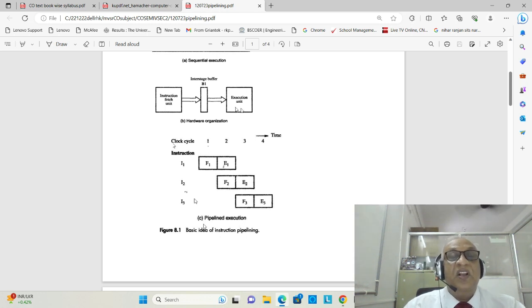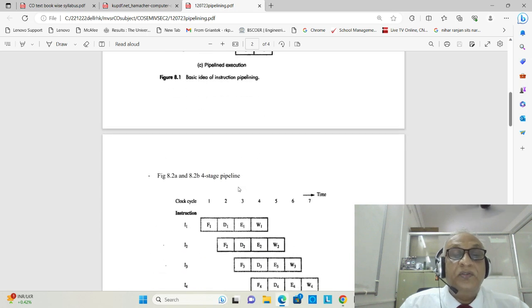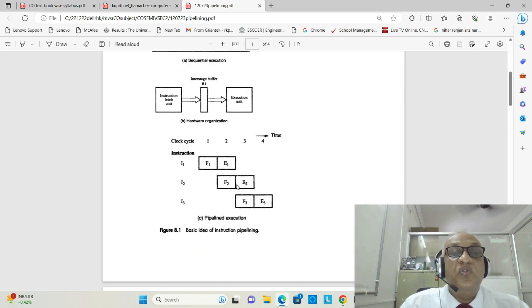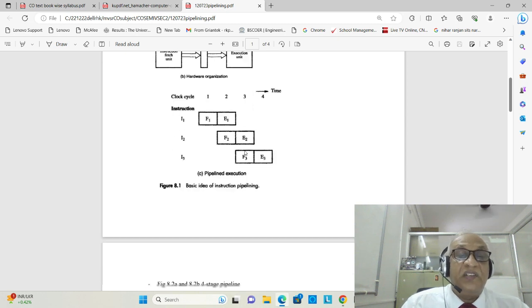For example, E1 is being executed in the execution unit, F1 is already fetched and kept in the buffer B1, and at the same time F2 is being fetched. So at clock cycle 2, two components E1 and F2 are happening in a pipelined process. This was the example of two-stage pipelining and the hardware required for that.